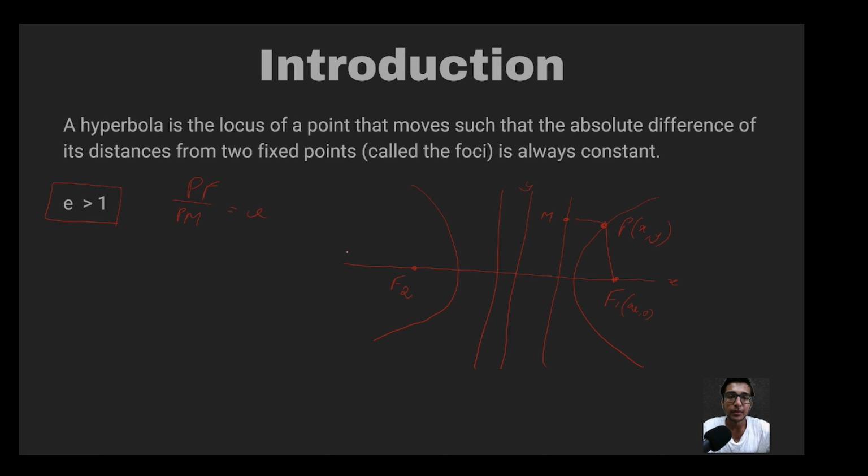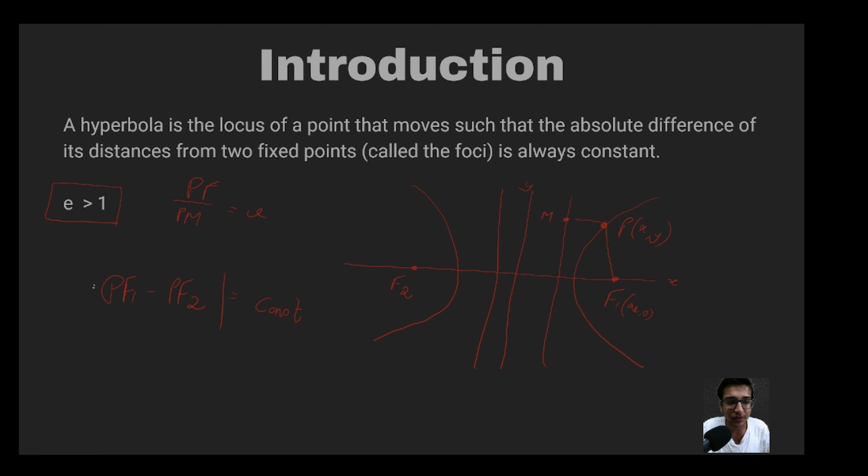Now if you remember, for parabola we had studied that PF is always equal to PM, and since there is just one focus, it doesn't make much difference. However, in ellipse we had studied that PF1 plus PF2 is always constant, which is equal to 2a. Here there is a slight difference. PF1 minus PF2 is always constant.